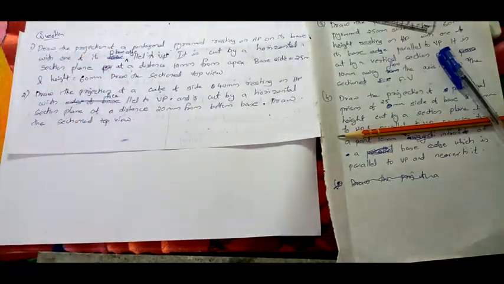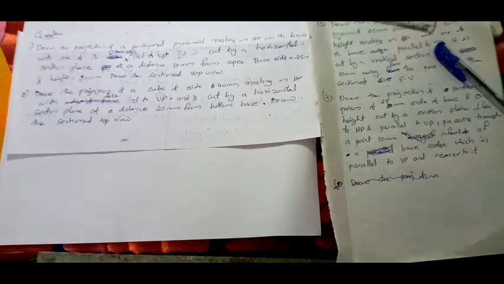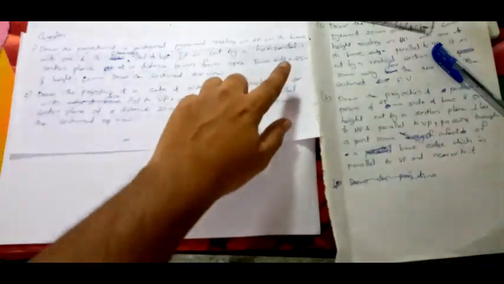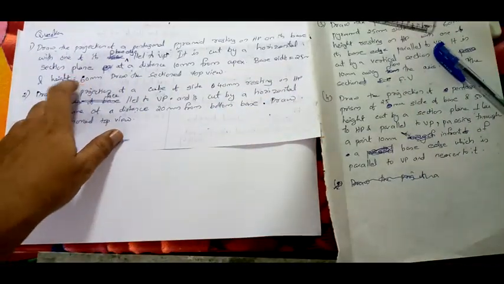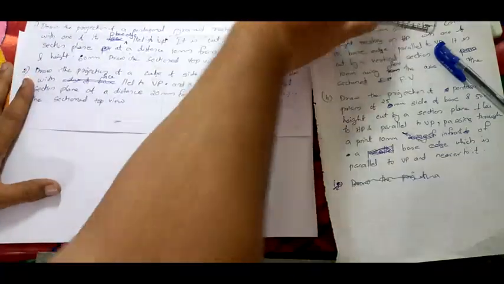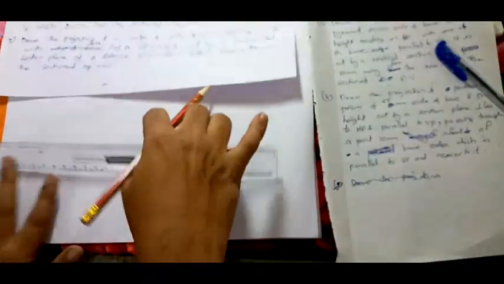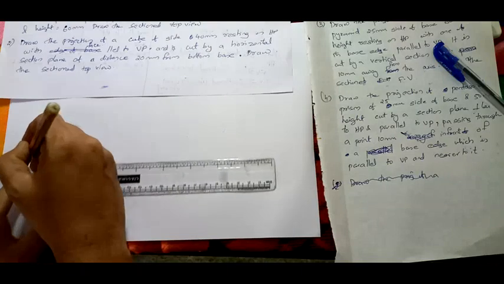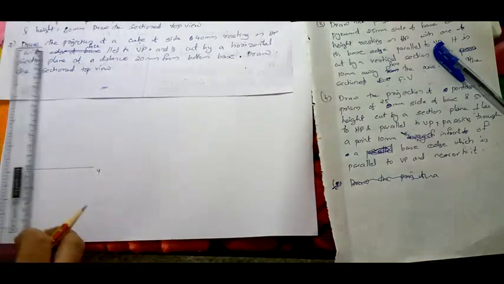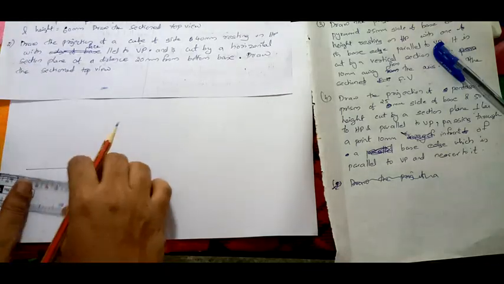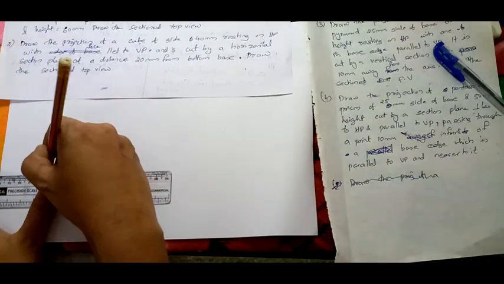First we will draw that figure. They have given the base side as 25 mm and the height as 60 mm. I have drawn the XY line and the base side of 25 mm, roughly drawing it in such a way that one of its base edges is parallel to the XY line.